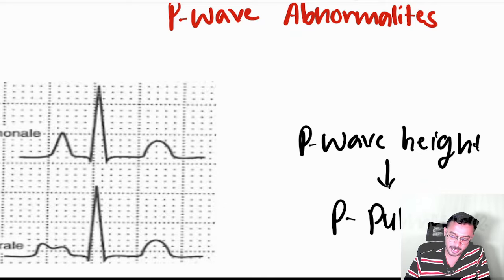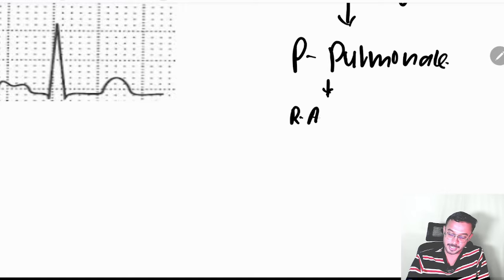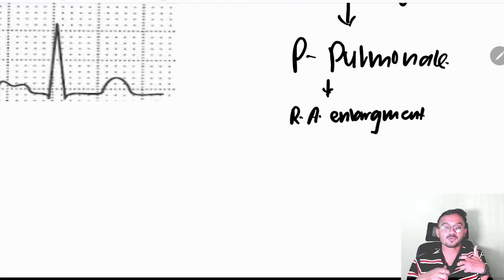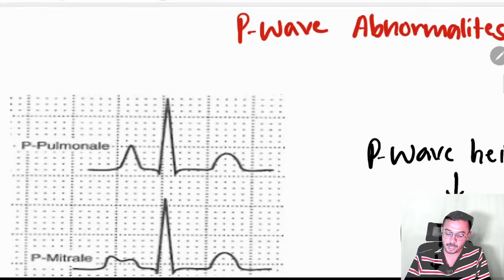Why does P pulmonale occur? Mainly whenever your right atrium gets enlarged, you will find this height is more than 2.5. This is the reason you will find right atrial enlargement and P pulmonale. The best examples are COPD patients and pulmonary artery hypertension. You will find this P pulmonale.